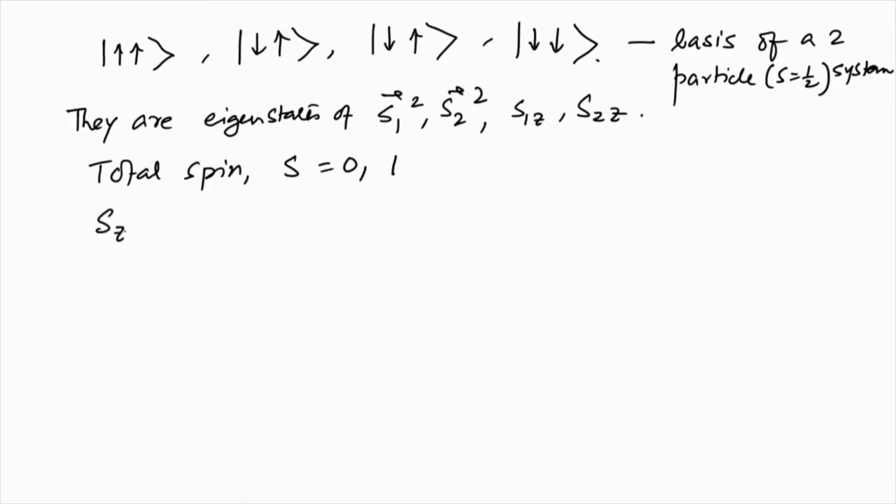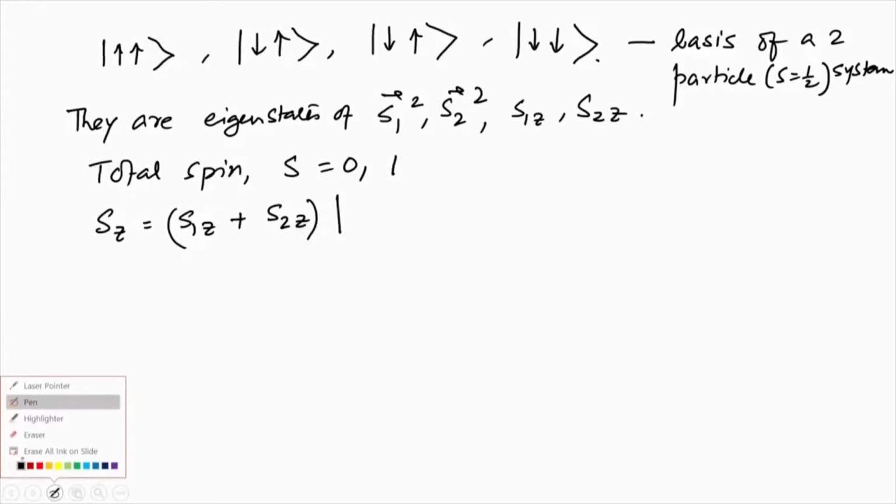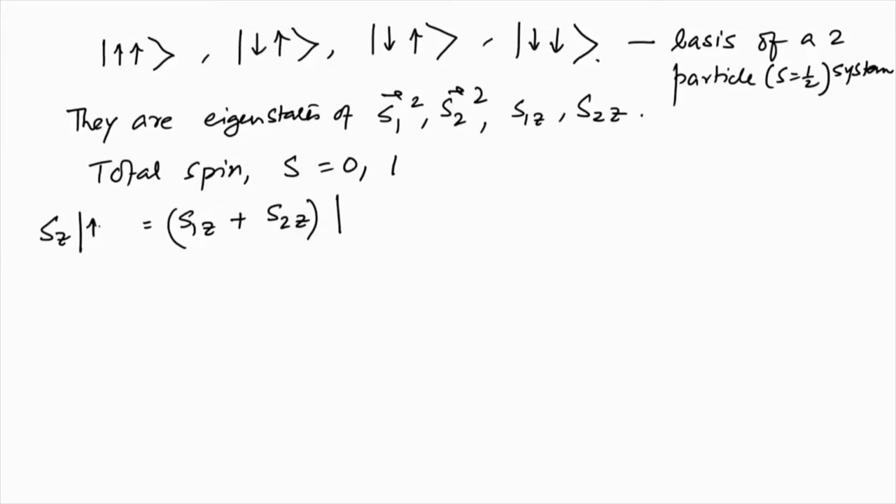So, the total spin operator Sz, which is equal to S1z plus S2z, acting on this state. Let us write it here as well. So, Sz acting on the up up state will give me S1z will only act on the first spin on the left, and S2z will act on the spin on the right.